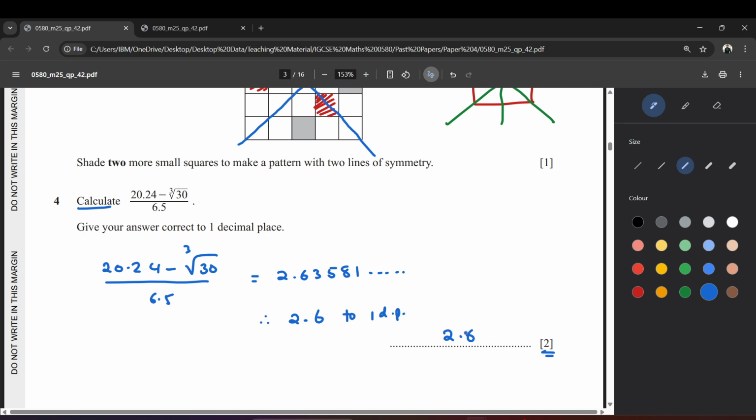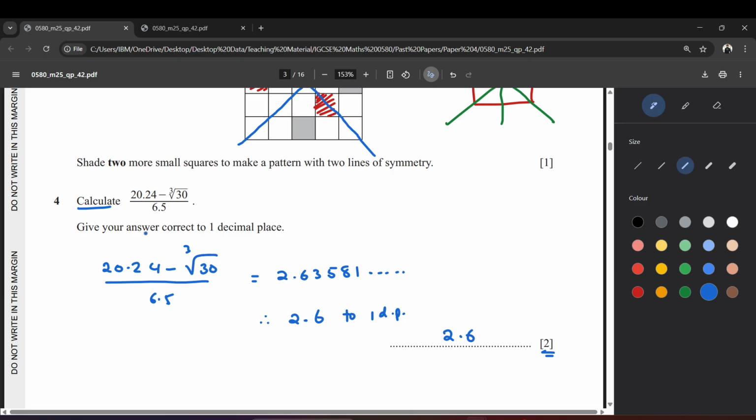Had you written only 2.6, you would have lost 1 mark, because it should be shown that if you round it off, that's what you're going to get. So remember, and that's not only for this type of question.